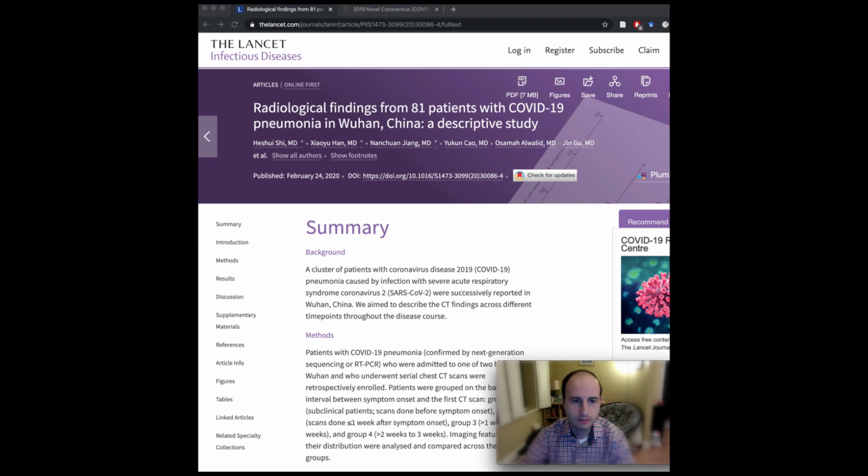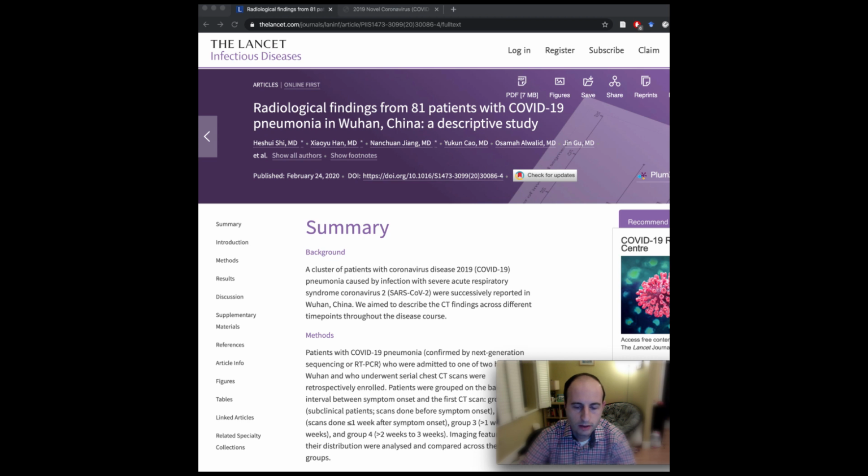But obviously there's been a lot of excitement about CT imaging in these patients because there are typical imaging findings on CT, but we really want to emphasize that CT is not really the go-to modality in these patients for a few reasons. One is obviously safety. We don't want to expose more parts of the hospital, more rooms, and more people like our technologists to these infectious patients.